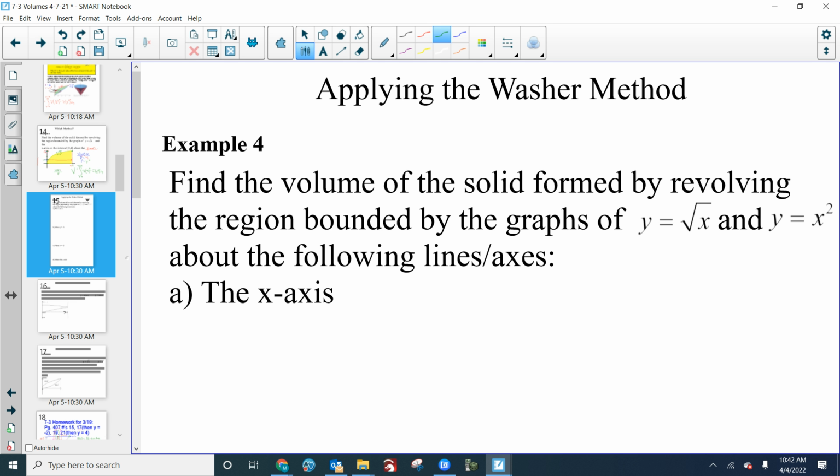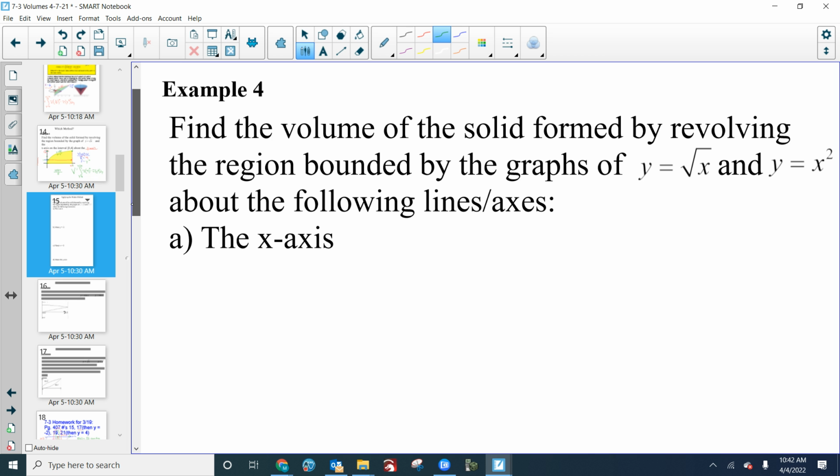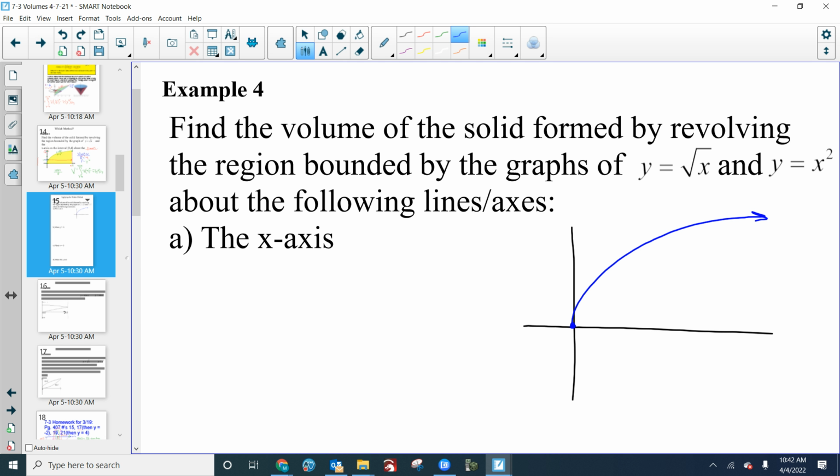Grandma's house. All right. Find the volume of the solid formed by revolving the region bounded by the graphs y equals radical x and y equals x squared. Now, here's the deal.